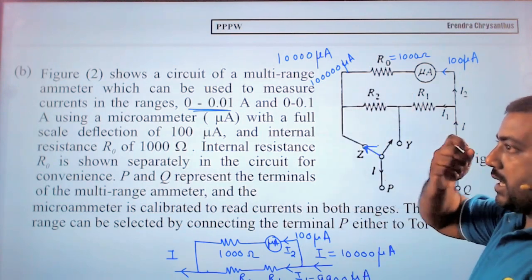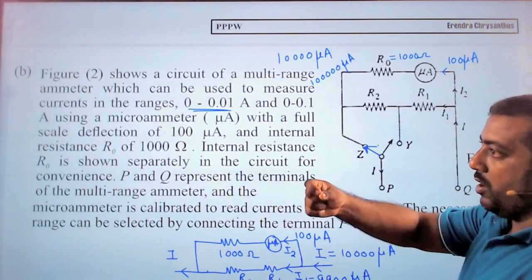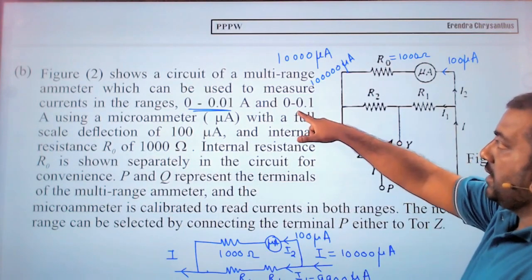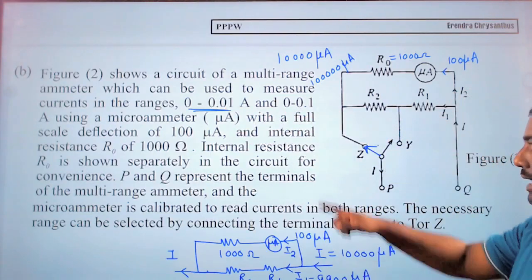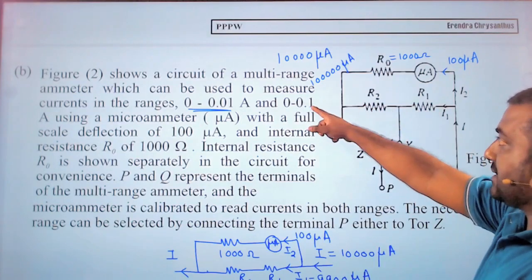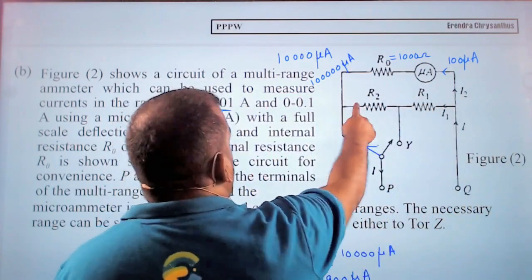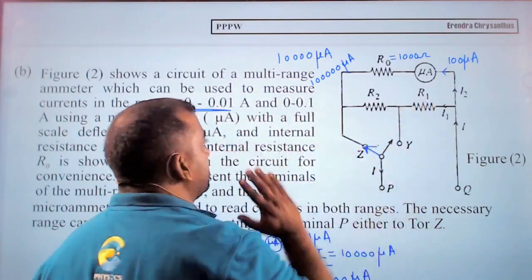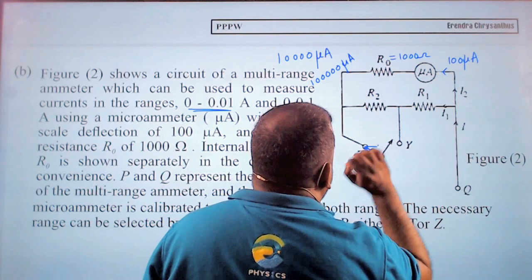So when the current range is large, resistance is small. Current range is small, resistance is large. So when current range is small, shunt resistance is large. When current is large, resistance is small. So when I'm going to read 0.01, I want more resistors, so Z I have to select. When the current is larger, I have lesser resistance in the shunt.